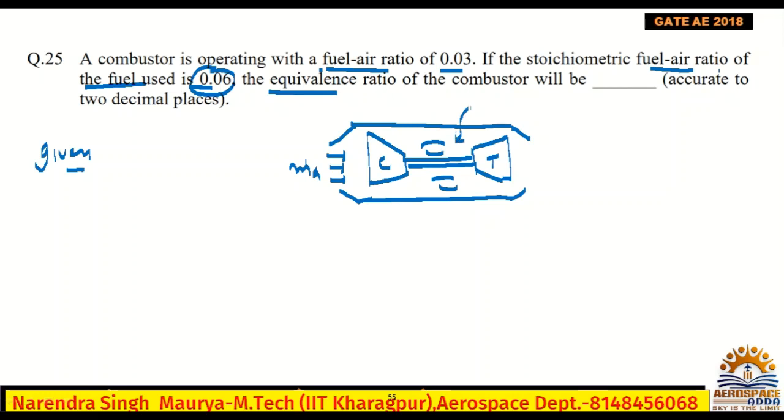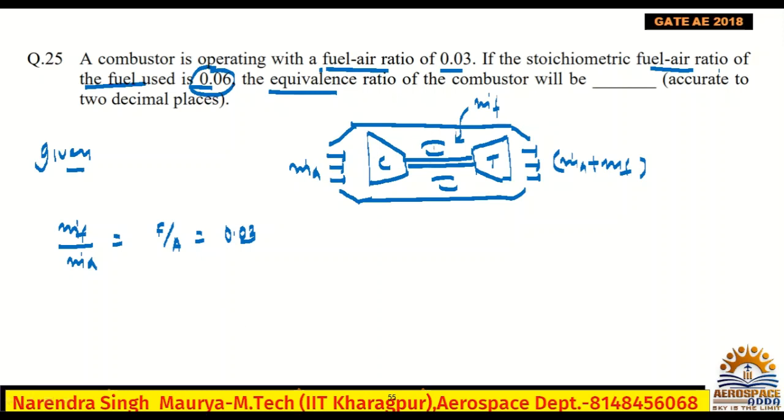Here we are adding fuel, so m dot a plus m dot f. Fuel to air ratio means m dot f divided by m dot a. It is also f by a, and it is given as 0.03.